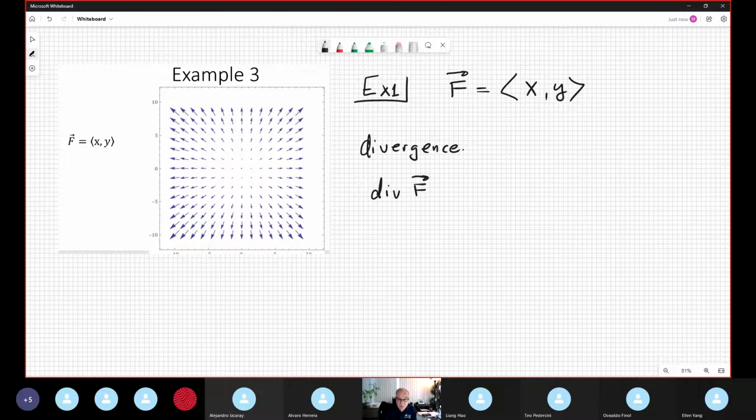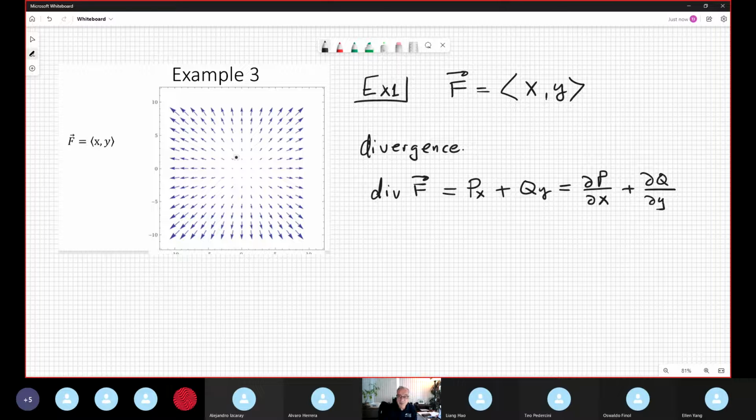So div of the vector field F is equal to the partial derivative of P with respect to x plus the partial derivative of Q with respect to y. In another notation, partial P partial x plus partial Q partial y.